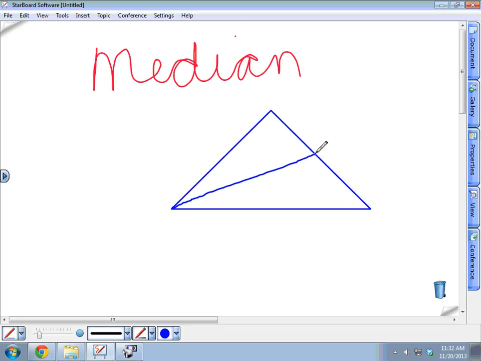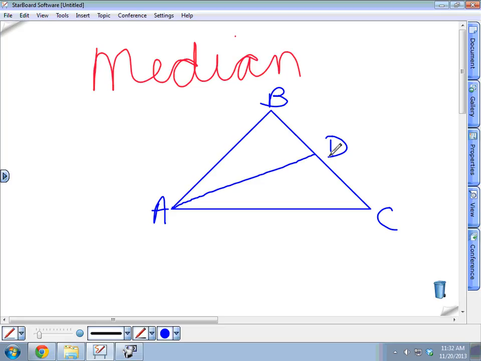Okay? So in this triangle ABC, AD is a median because AD bisects BC.